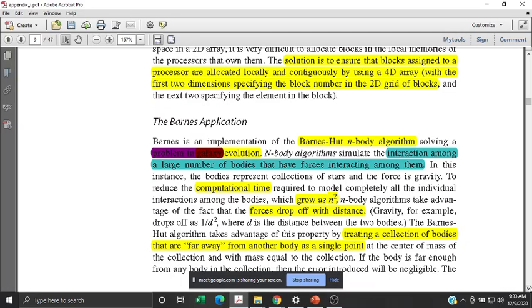So that creates a fair idea. If I'm considering only one star and there are 1 million which may be exerting some force onto it, how do you want to showcase what my next position is in whatever time scale you want to compute? So that brings out the problem statement.